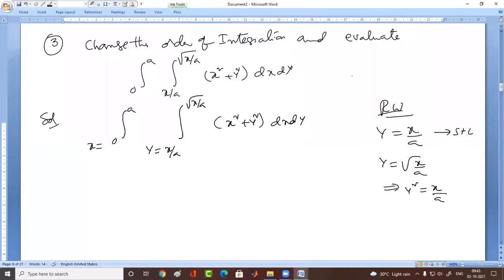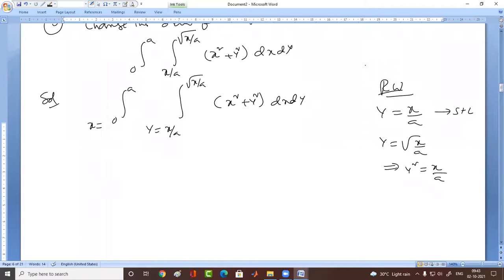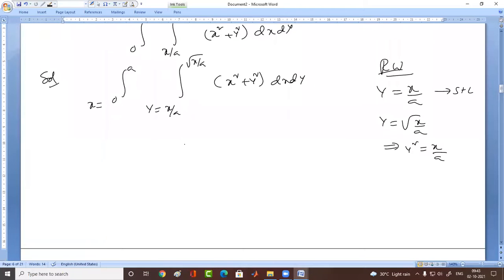Now, if you draw the curve, very easy, draw the curve, x-axis, y-axis. Lower curve y equals x by a is a straight line passing through the origin, looks like y equals mx.